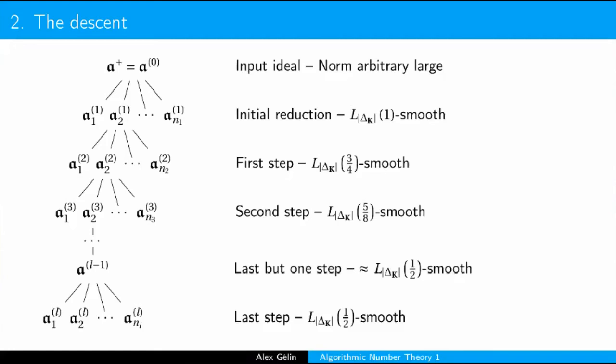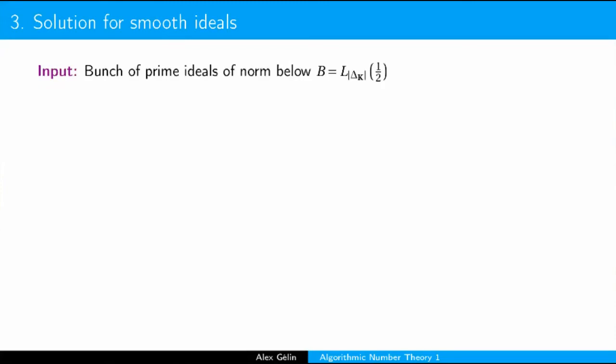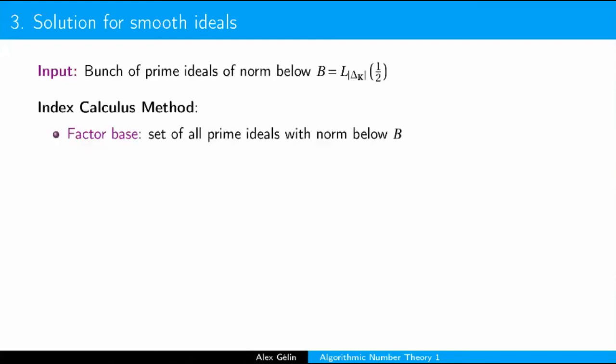So at the beginning I have a large ideal, and at the end I have a lot of ideals, but all of norms smaller than L of 1/2. What can I do with these ideals? Do exactly the same thing as we did for class group computation, the index calculus method.